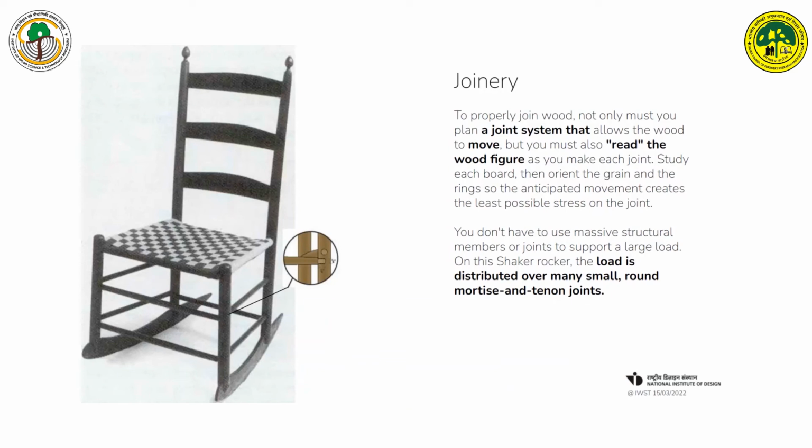So this is a very old Shaker style chair that was designed in the 1920s, and I think this is also the beginning of the Arts and Crafts movement. And as you can see, this is a strategy that is still relevant today: how do you use smaller sections to create bigger structures?